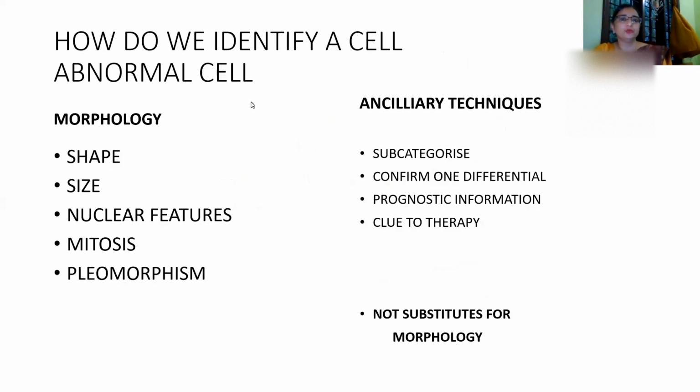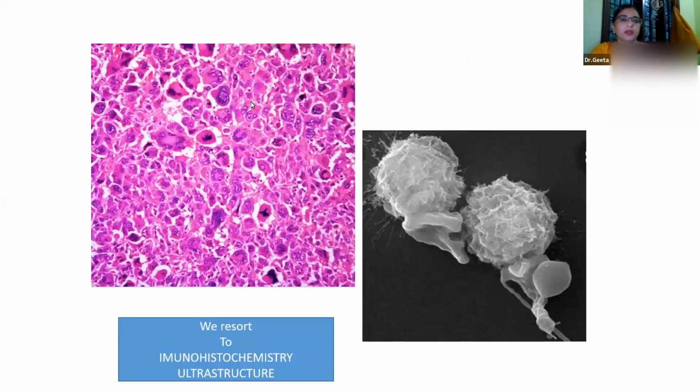So what do we do when we are trying to identify an abnormal cell which has probably lost its similarity to its normal counterpart, changed its shape, size or other features? Then we actually go on to take help from special stains or ancillary techniques.